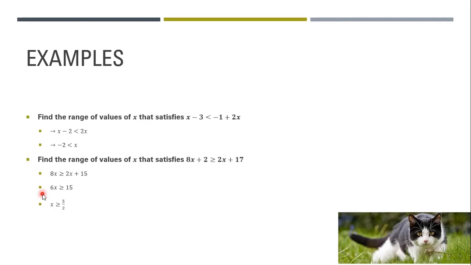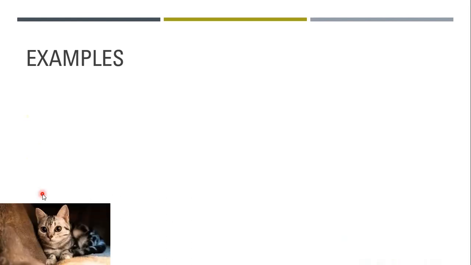Divide by 6 on both sides and you get x is more than or equal to 5 over 2. So you can see from that one, dividing by a positive number has not affected the sign. We've also used adding and subtracting again. Yeah, we've used subtracting again. Not affected it. So another example now.